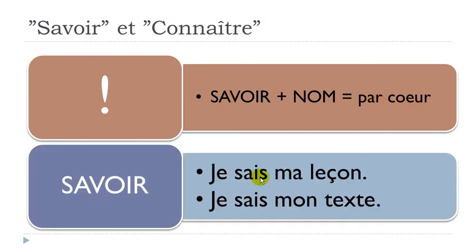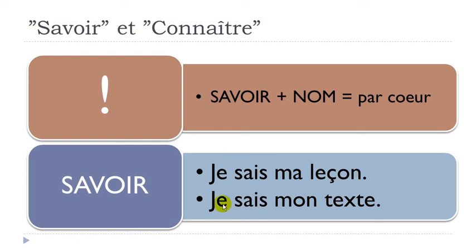Je sais ma leçon. In that case, savoir, to know, ma leçon, my lesson. So in that sentence, when you use je sais ma leçon, you really want to say that you know your lesson by heart. That's the reason why we use savoir in that case.